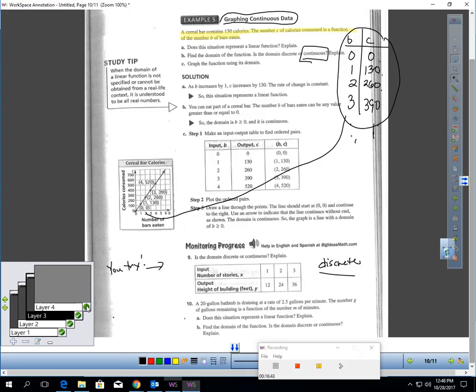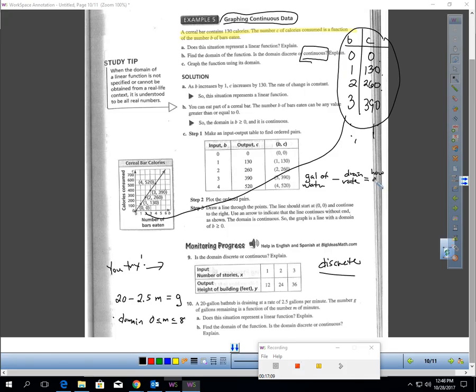In number 20, a 20-gallon bathtub is draining at a rate of 2.5 gallons per minute. The number G of gallons remaining is a function of the number of minutes. So if I can picture that, I could take the gallons of water minus the drain rate would equal how much is left in the tub.